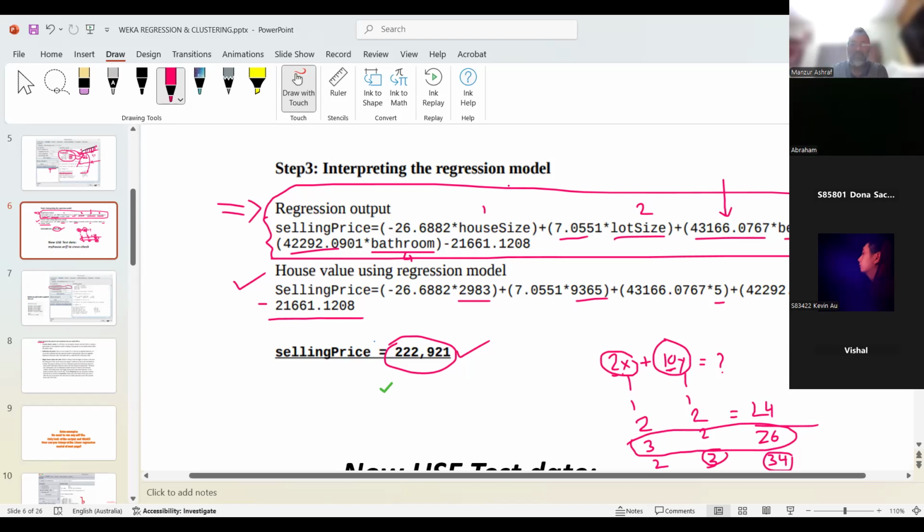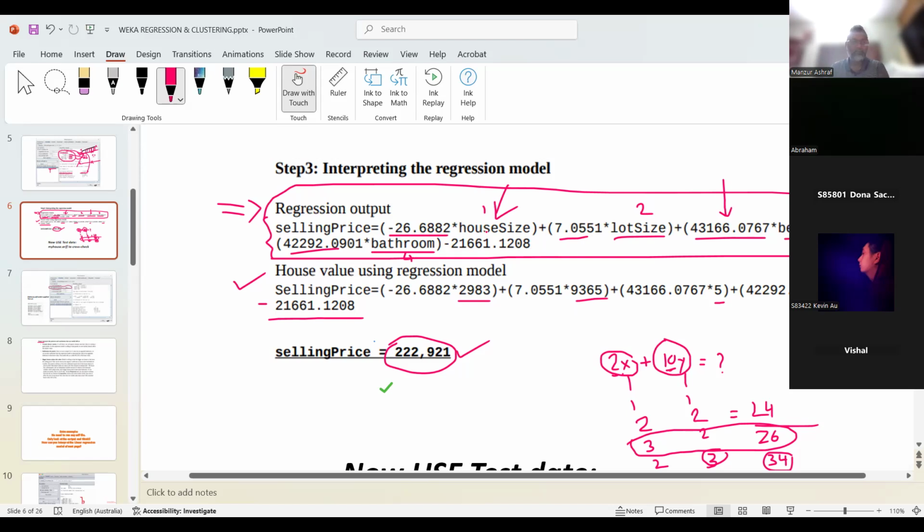House size is an interesting feature here. It has a negative coefficient. Can you see the negative number? Minus 26. So if you increase the house size, it actually lowers the price because it is a minus. The total price will go down.